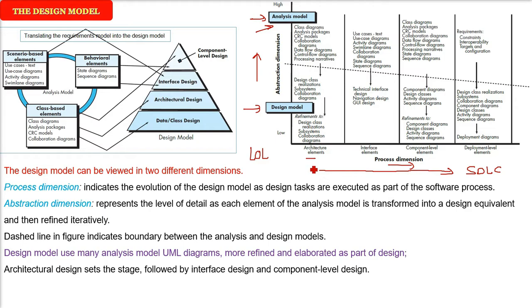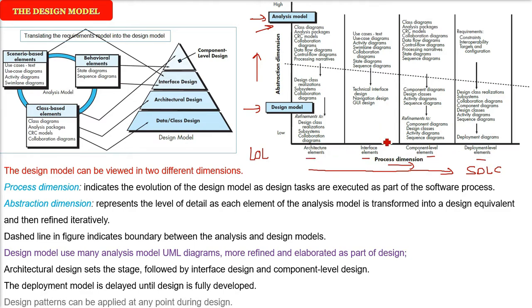Followed by the interface design, the user interface, etc., and the component level design. Finally, the deployment level design. This deployment model will be delayed until we design all other things. In between, wherever you want, you can put the design patterns. These design patterns can be applied at any point during the design. So this is the design model.